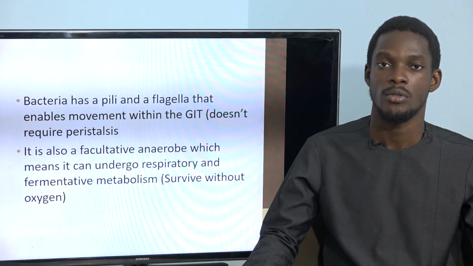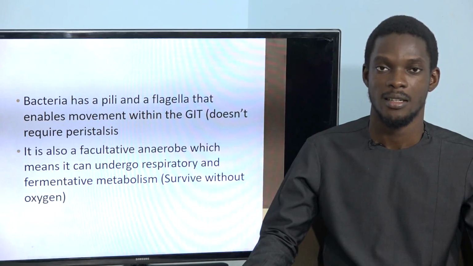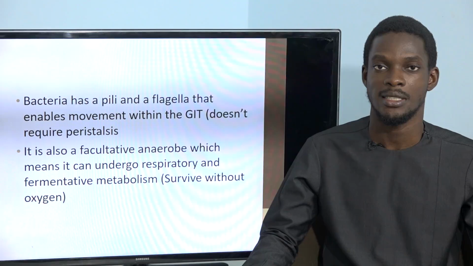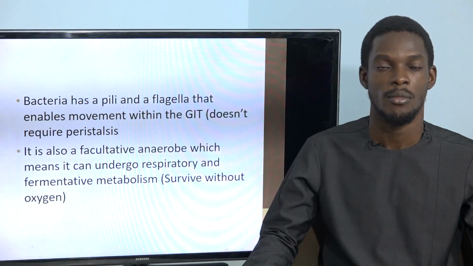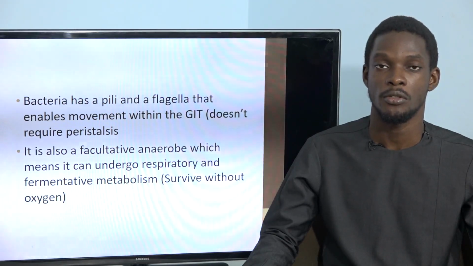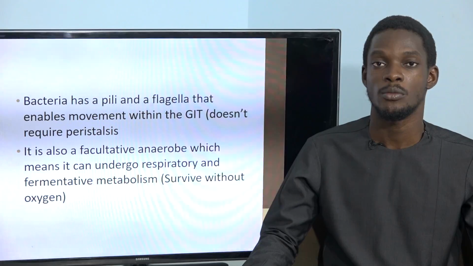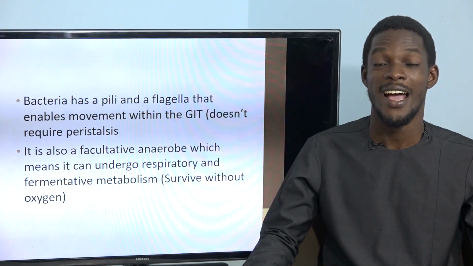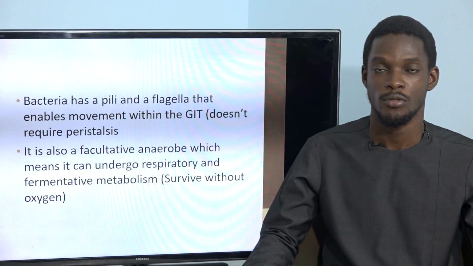So someone would imagine that the bacteria will go through the GIT as the food moves, but it is not so. Even while the food is being digested in the stomach or in the duodenum, before it even moves, part of the Vibrio cholerae can move ahead of the food and cause an infection.